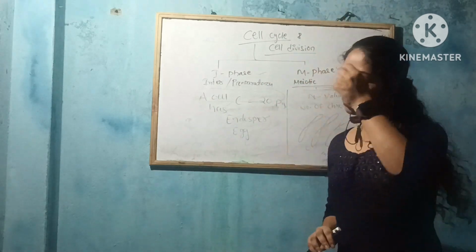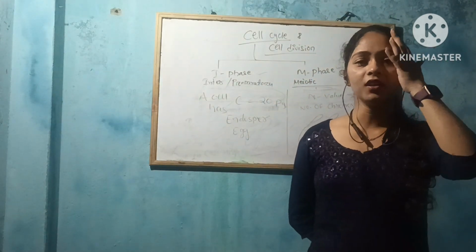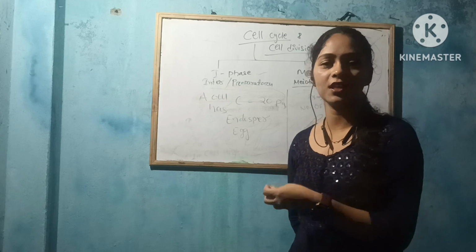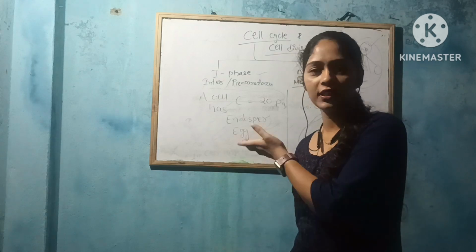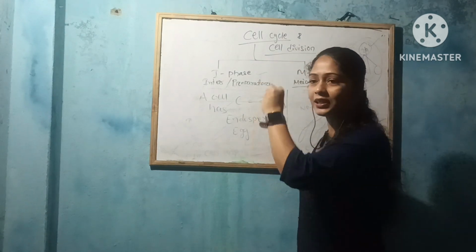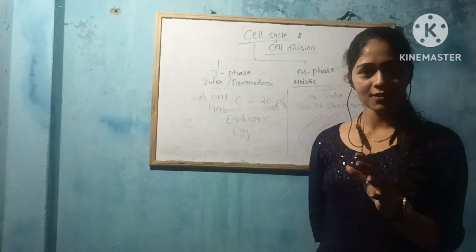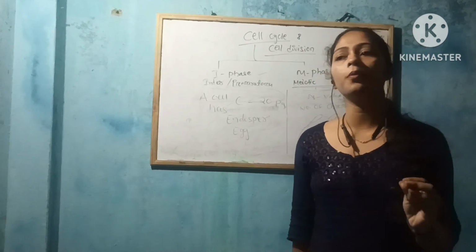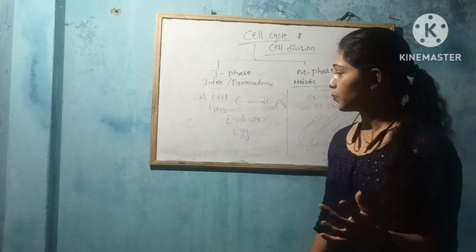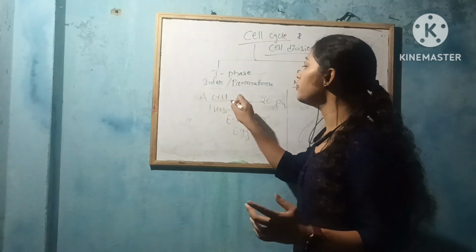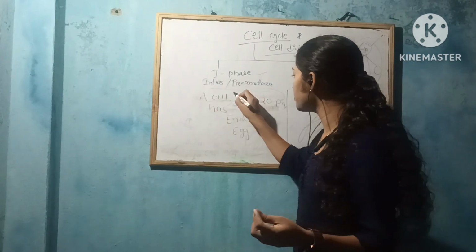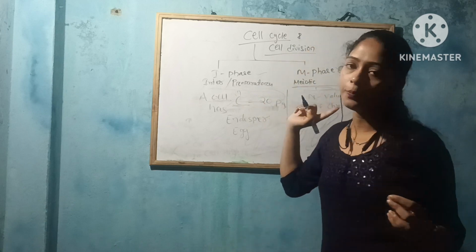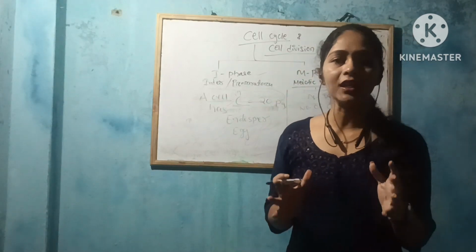Obviously the question comes to your mind, how will we do this question, because we have studied this in G1, S, G2 phase, but here the content is totally different. The answer is simple. You just have to know about the ploidy stage. A cell is in a diploid state, which means 2n equals 20 picogram. So 2n is the total content of DNA.